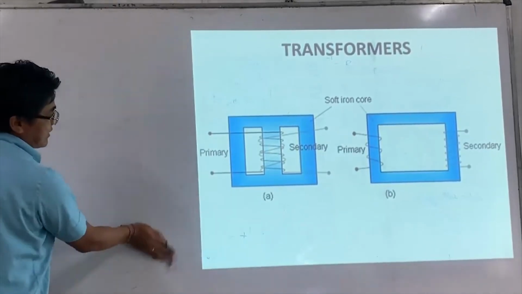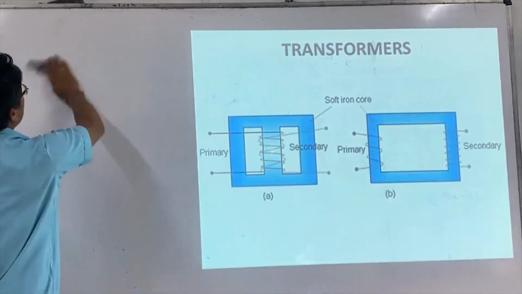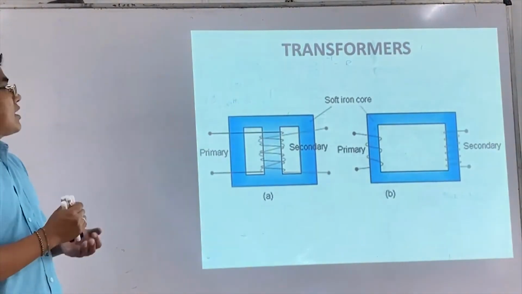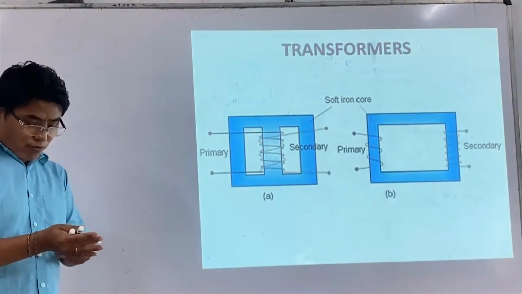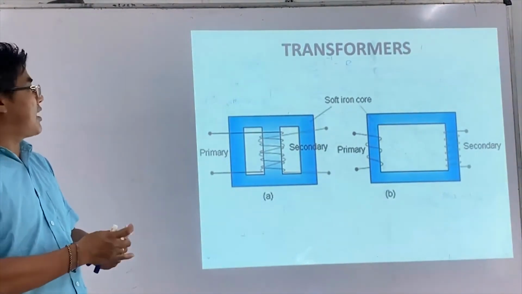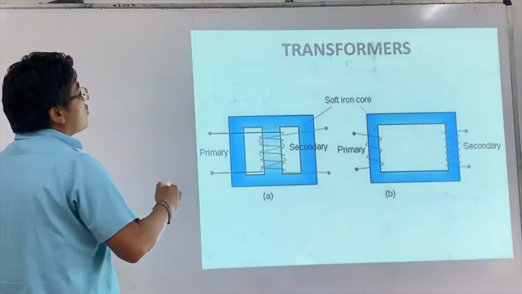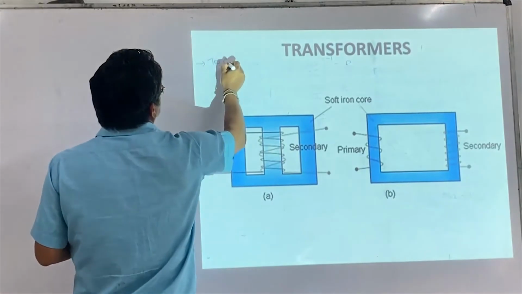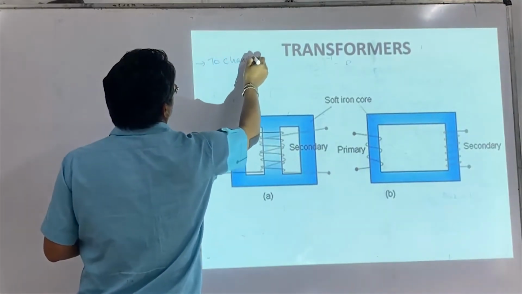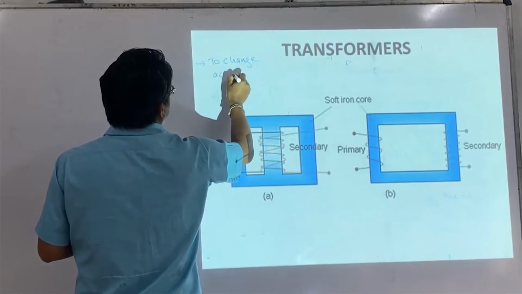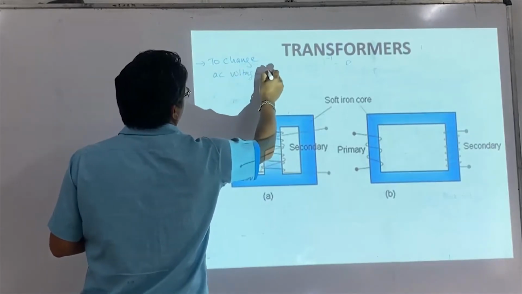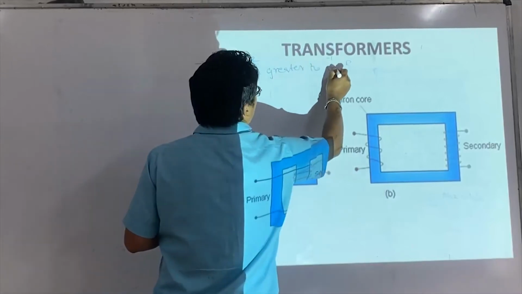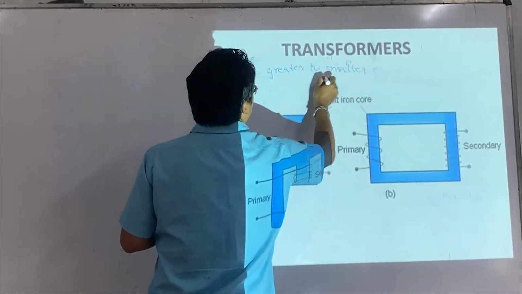The transformer is a device mainly used with alternating currents, alternating voltage. What is the application of a transformer? The job of a transformer is to change AC voltage from greater to smaller, or smaller to greater.